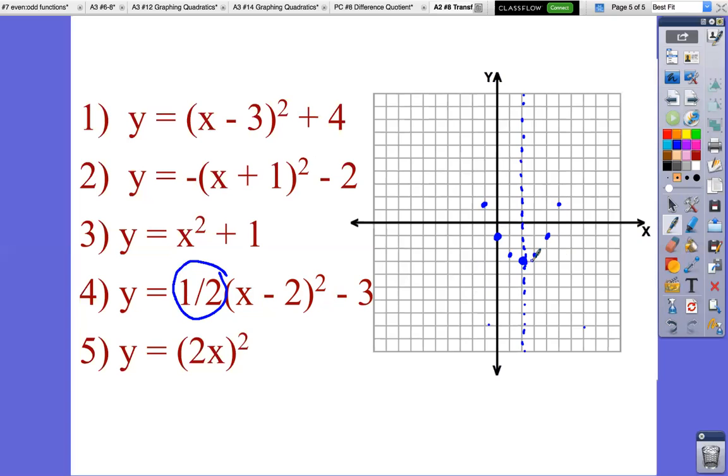So if I went over 3, now I can verify this in 1 second. 3 squared is 9. 9 times 1/2 is 4.5. So I have to go up 4.5. Well, let's just verify this. That put me at the point 5, 1.5.